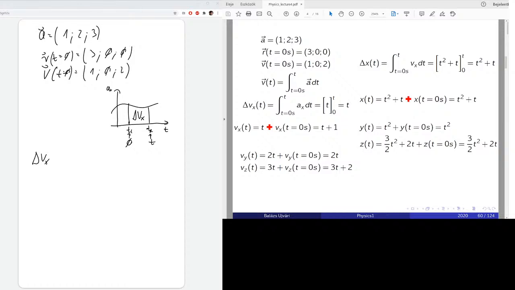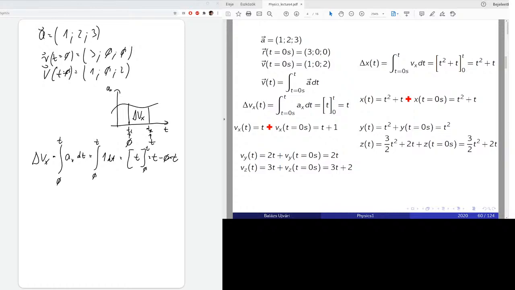Delta Vx is simply, from the initial point to any t, the integral of ax dt, and since this is only 1, the primitive function of 1 is t, which is t minus 0, which is t. So the delta Vx is 1 times t.